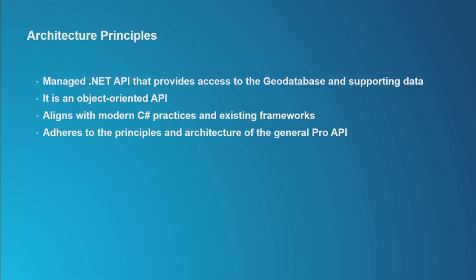That means it is object-oriented, it is strongly typed, and it is easy to use correctly and difficult to use incorrectly. In order to use this API correctly, you have to be aware of a key principle that governs the Pro SDK with respect to how threads work in ArcGIS Pro, because ArcGIS Pro is a multi-threaded application. I'll talk more about this in a moment.